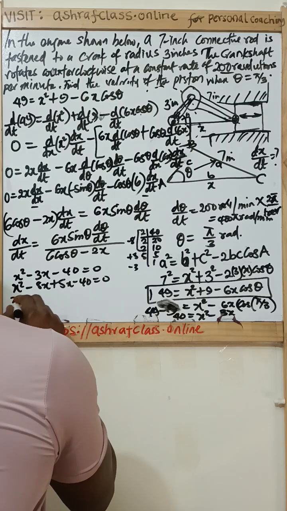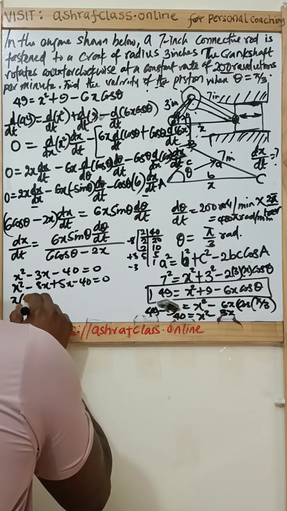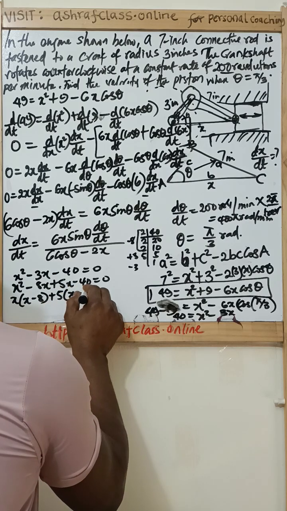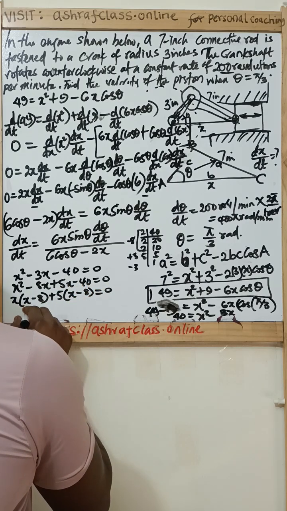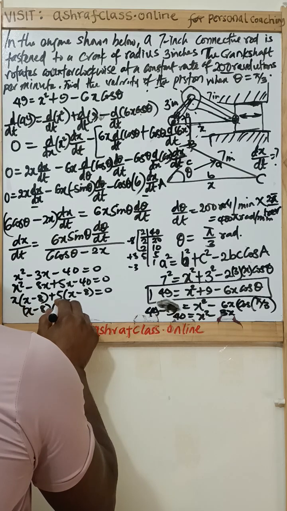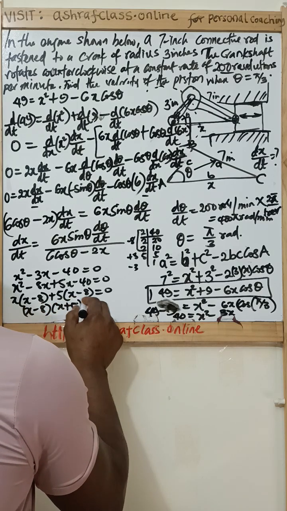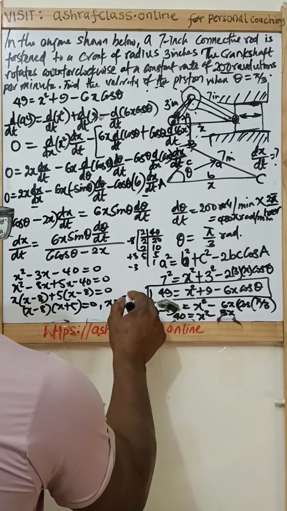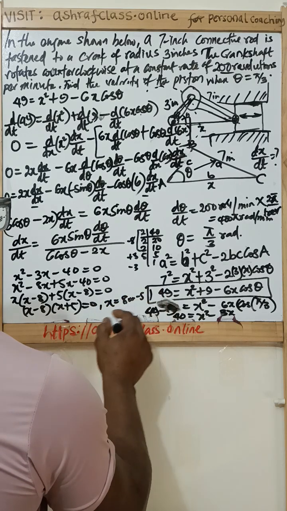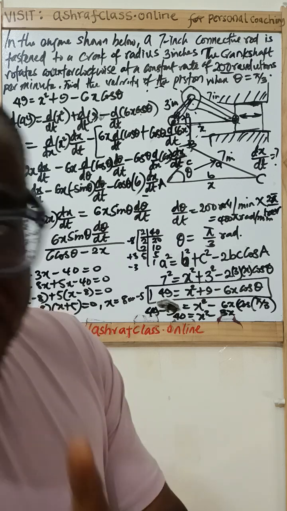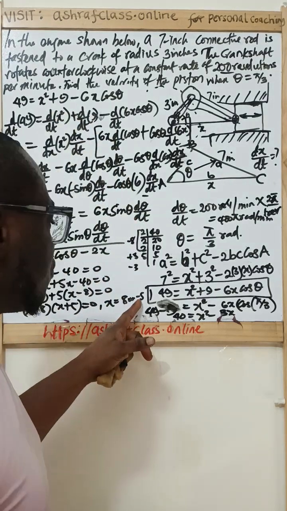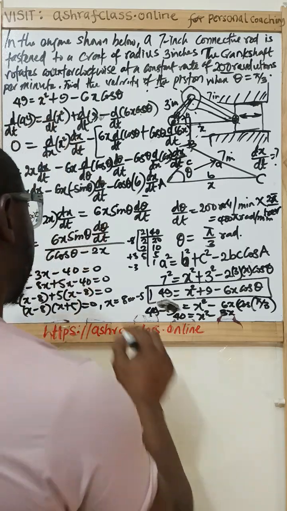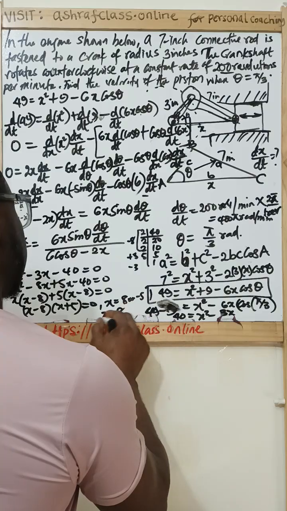So that becomes x minus 8, plus 5 times x minus 8. So x minus 8, x plus 5, is equal to 0. So x is equal to 8 or minus 5. Because we are dealing with a real situation, we do not take the negative value, we only take the positive value. So x is equal to 8.